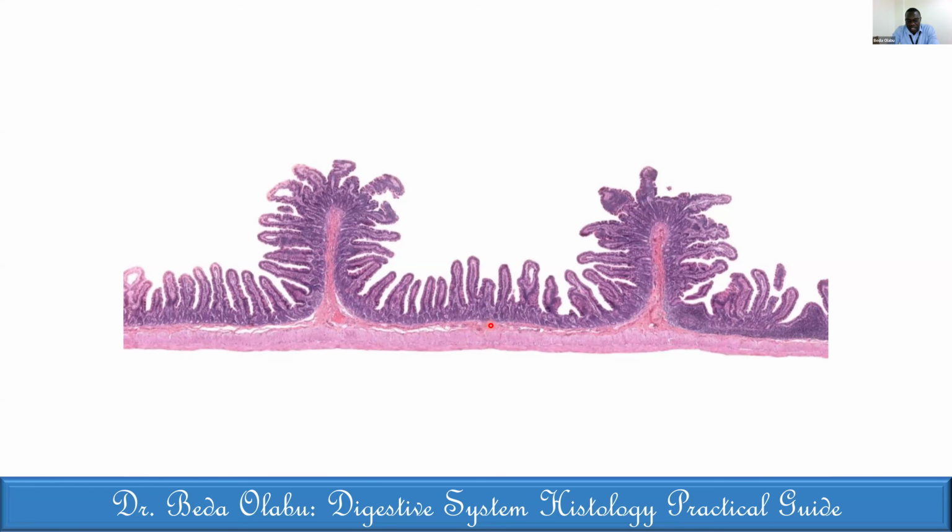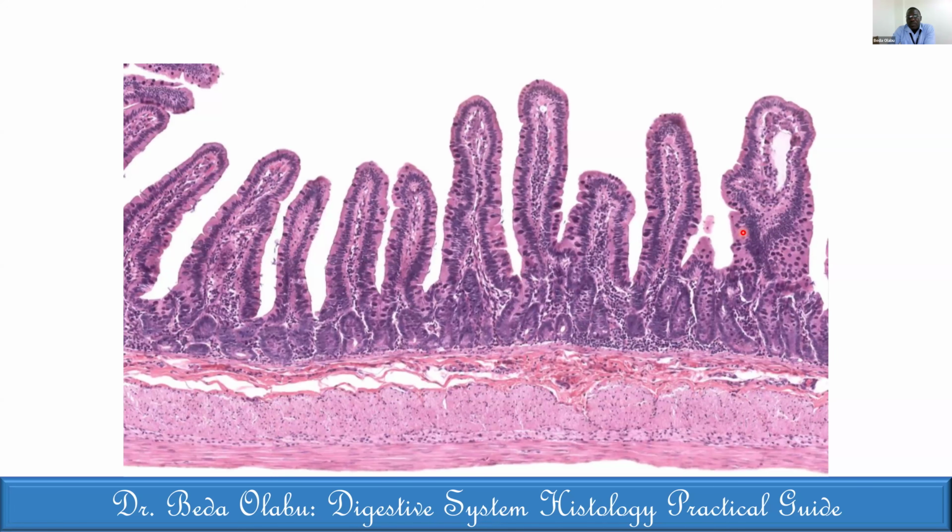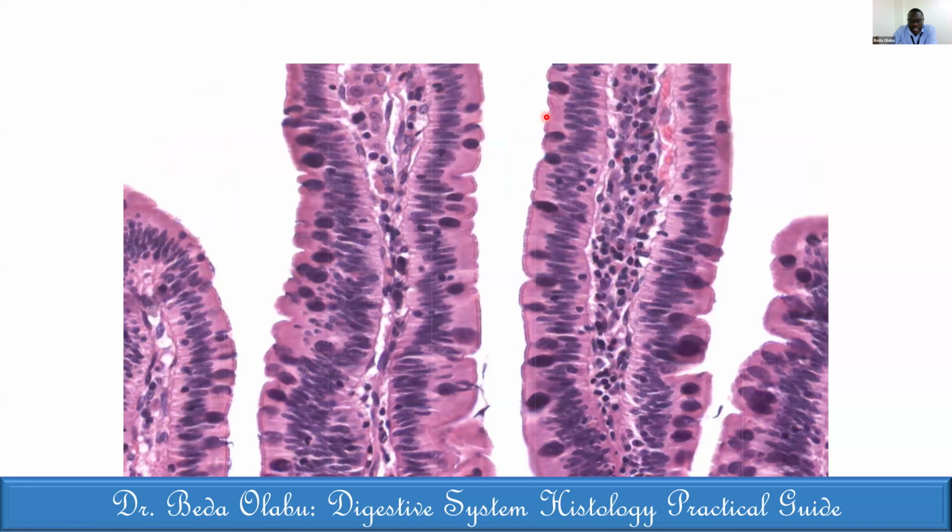We cannot see the glands in the submucosa, so we agree it's not duodenum. These are the villi. You can appreciate that they have a broader base and a tapering apex. The grooves between them constitute the crypts of Lieberkühn. Higher magnification displays the brush border, which is characteristic of the presence of the microvilli.